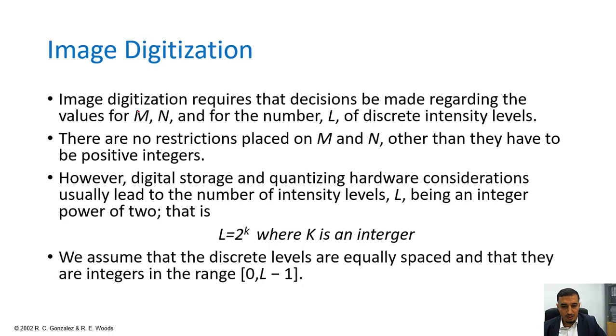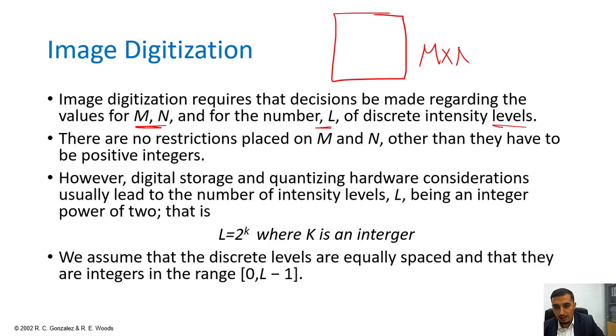So image digitalization requires decisions to be made regarding m and n and the number of L discrete intensity levels. So we have m and n. Once more, this is an image. It is m by n, where m is the number of rows, n is the number of columns.